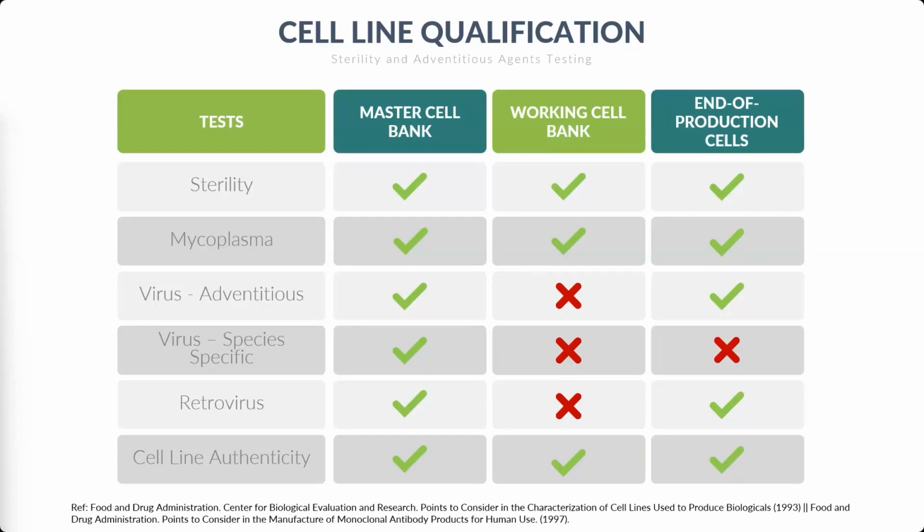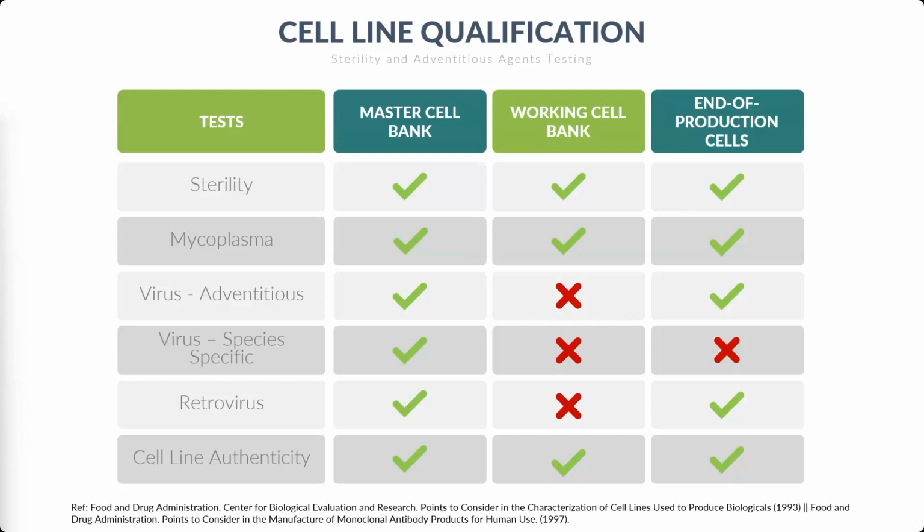Now, obviously, when you want to run a process, you don't necessarily want to touch back into your master cell bank. You want to be able to have a secondary cell bank, which would be considered the working cell bank. That working cell bank is where you actually are moving from the laboratory or initial experiments and expanding that cell system into early production. That working cell bank is your reference point that you can draw from.